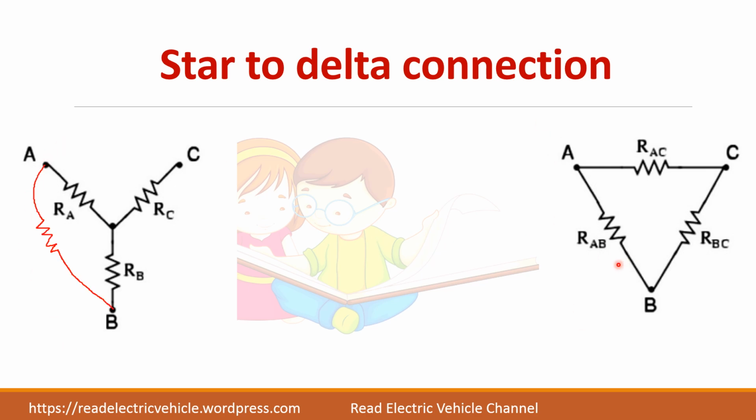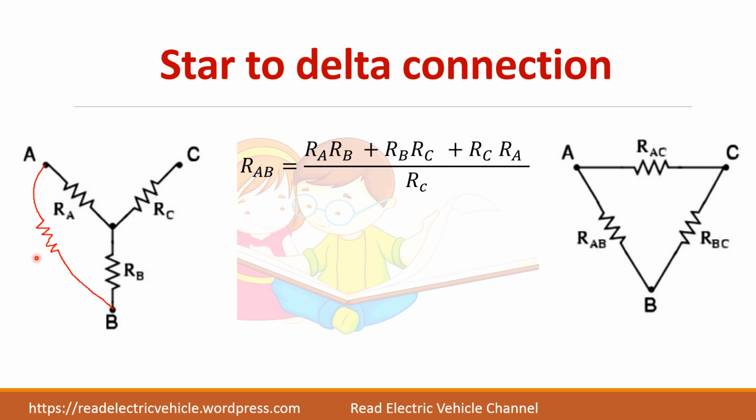So you want to find RAB, because we want the delta connection now. To find RAB, you see the terminals A, B. RAB is between A and B terminal. How to find RAB? RA into RB, you multiply the adjacent resistances, plus RB into RC, plus RC into RA.